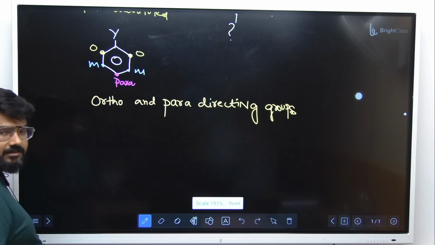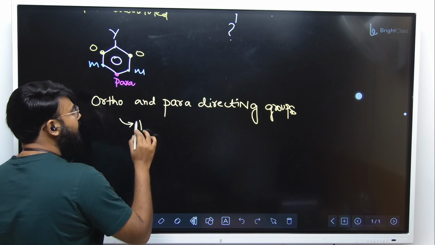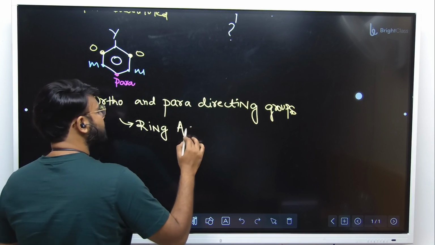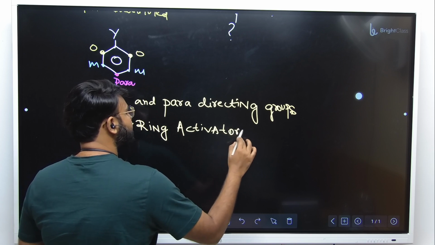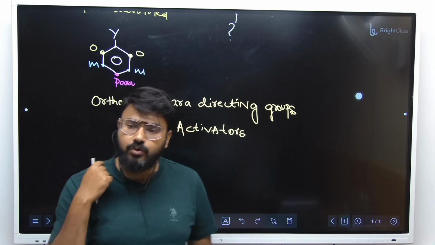Give the headline, guys. Remember, these groups are called ring activators. Now, how do we identify who are ortho and para directing groups?